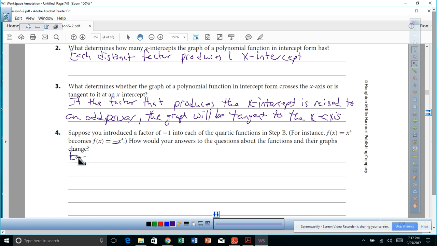Each graph will be reflected across the x-axis.